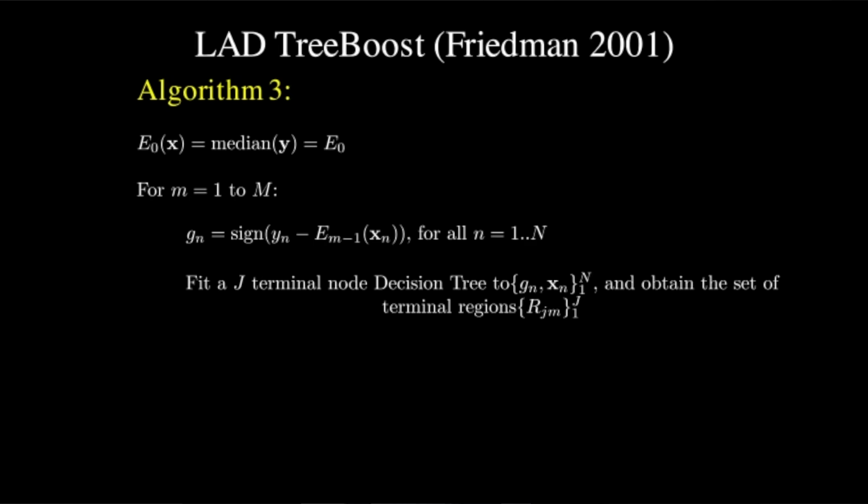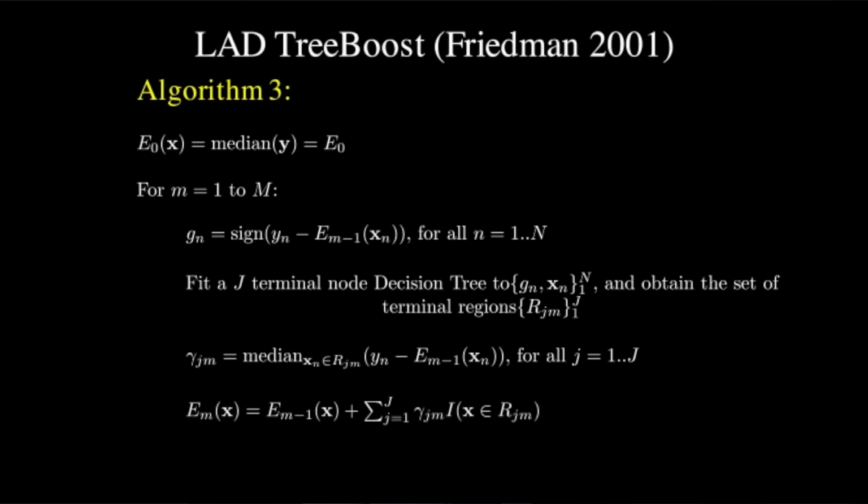So here we're just training the weak learner in our model. The next step then is to compute these gammas. This is gamma subscript jm, and these are evaluated as the median of the difference between the training label and the value of the ensemble at m-1. So that's all we do to evaluate these gammas.